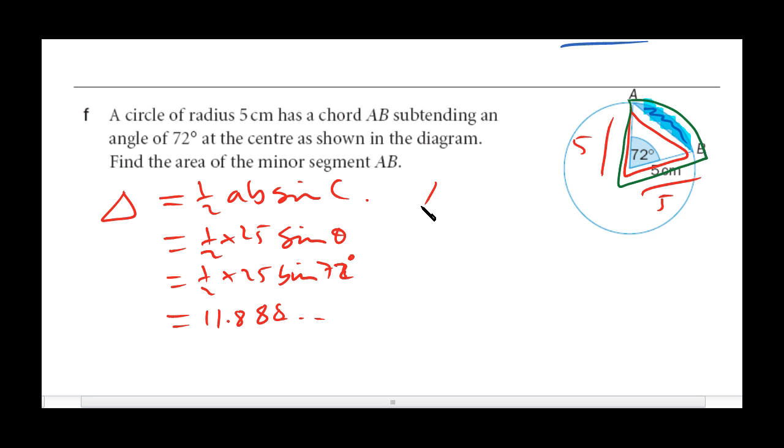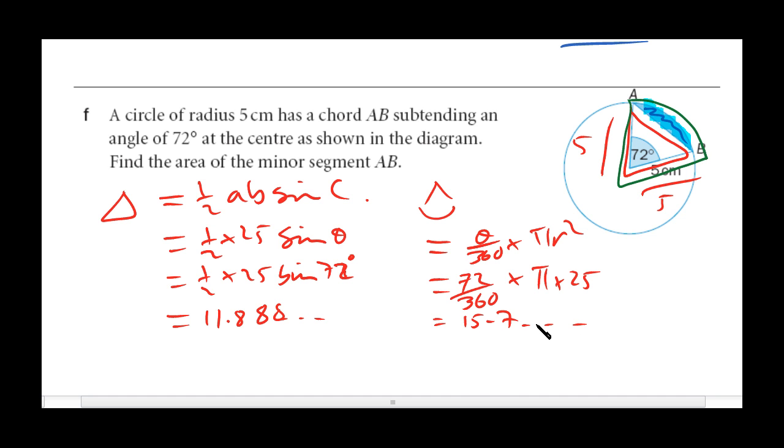The sector is equal to theta over 360 times pi r squared, and that comes out to be 72 over 360 times pi times 25, and that equals 15.7 and so on.